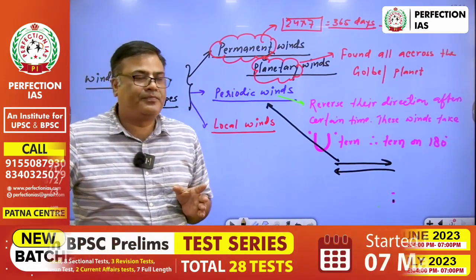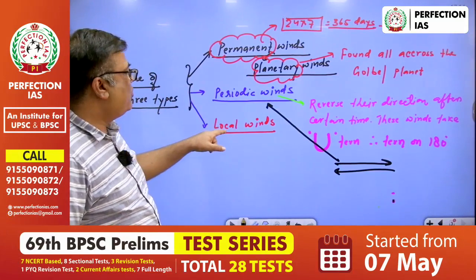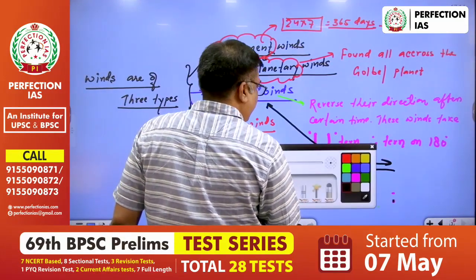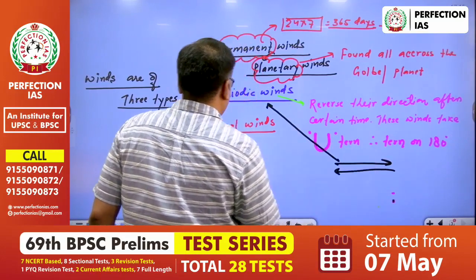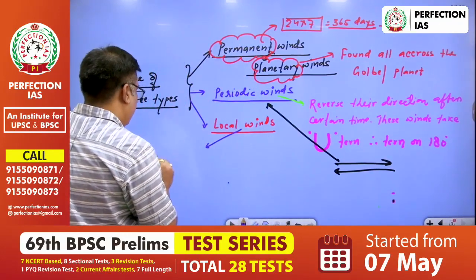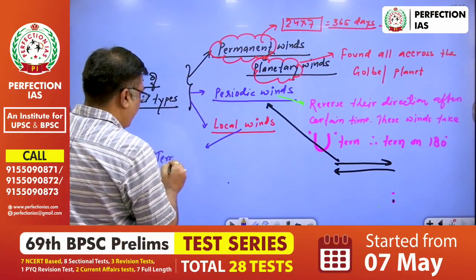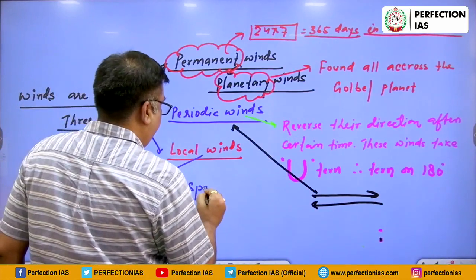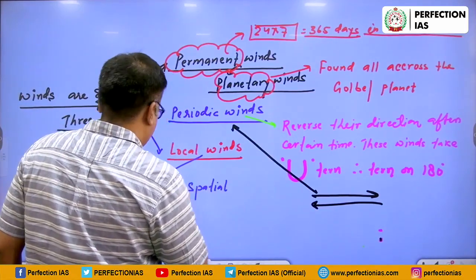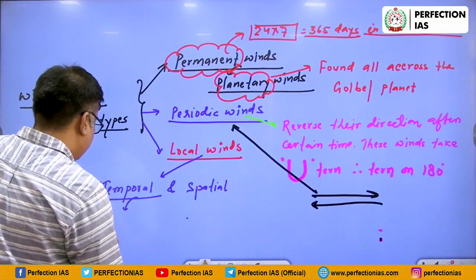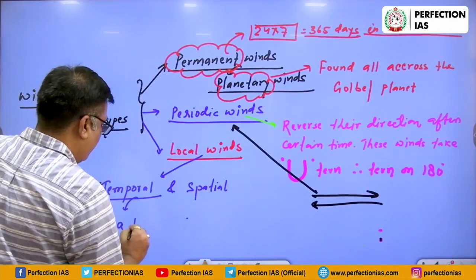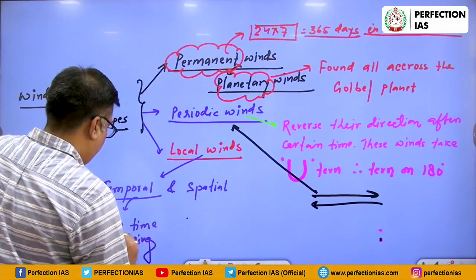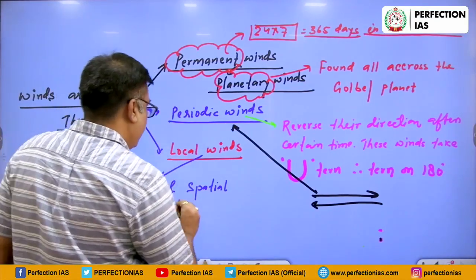And when we talk about the local winds, then local winds are those which are temporal and spatial. Temporal means for a time being.